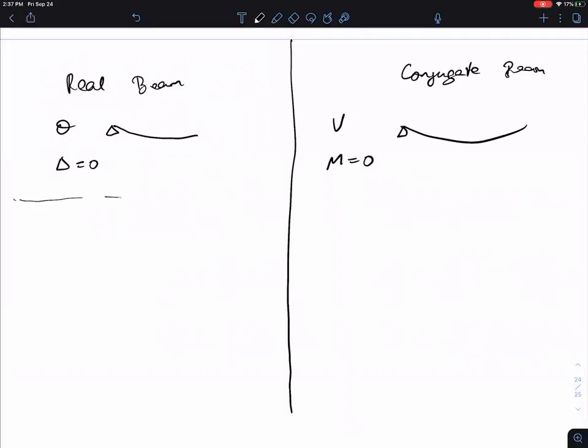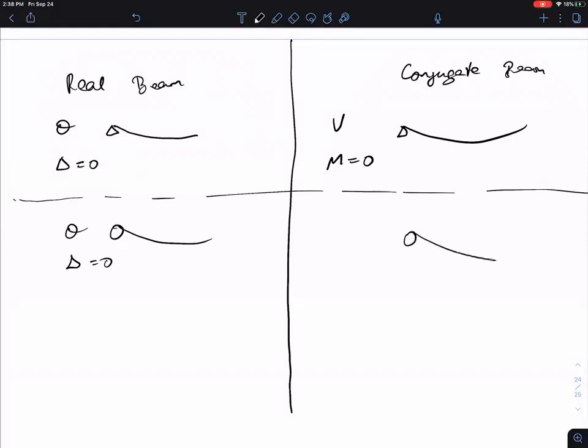In the case where you have a roller support in your real beam, there's a rotation at that support and no vertical displacement. So again, for your conjugate beam, you're going to have shear at that support and no moment, which corresponds to a roller support.